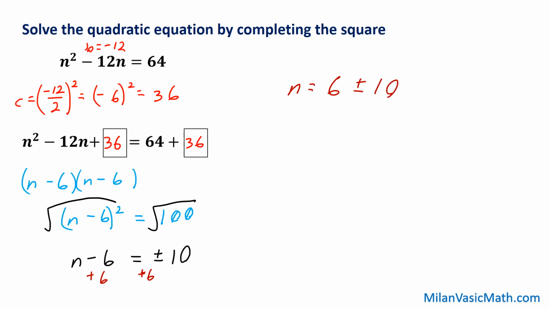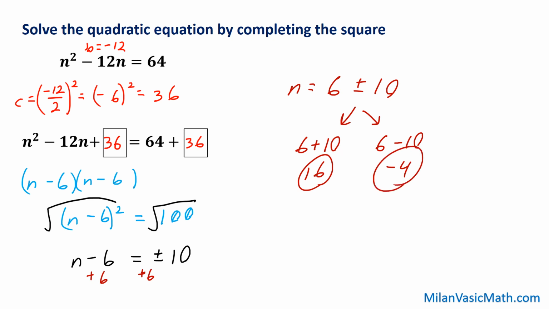So that becomes two different answers. The first one is 6 plus 10, which is 16, and the other one is 6 minus 10, which is negative 4. So those are two solutions. If you want to write it neater, n equals negative 4 and 16.